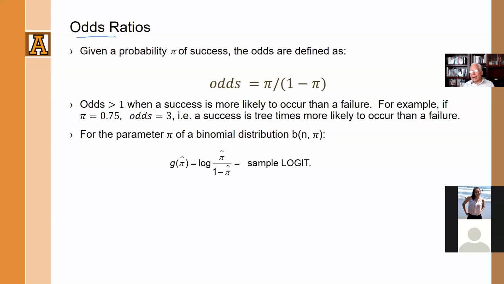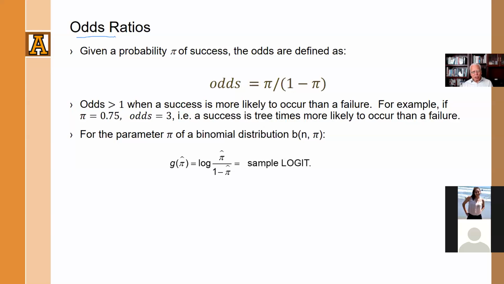For example, if pi is 0.75, that is, the probability of success is 0.75, the odds are 3. That is, the odds are 3 to 1 that we will have a success, or a success is 3 times more likely to occur than a failure. If the odds are less than 1, then a failure is more likely to occur than a success.